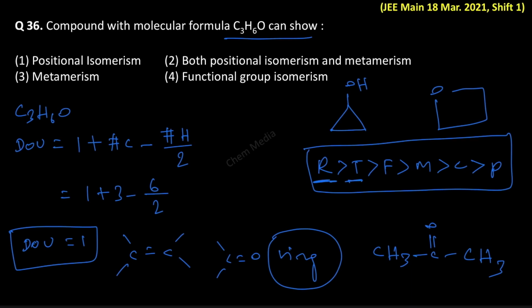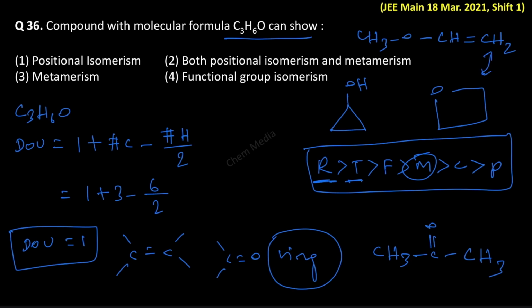And then, how about metamerism? Metamerism is not possible for this elemental composition. So, let us say if you are writing isomer methoxyethene, for example, CH3O and then CH double bond CH2. This fits into C3H6O, isn't it? But if we are comparing these two, we cannot call that a metamerism.